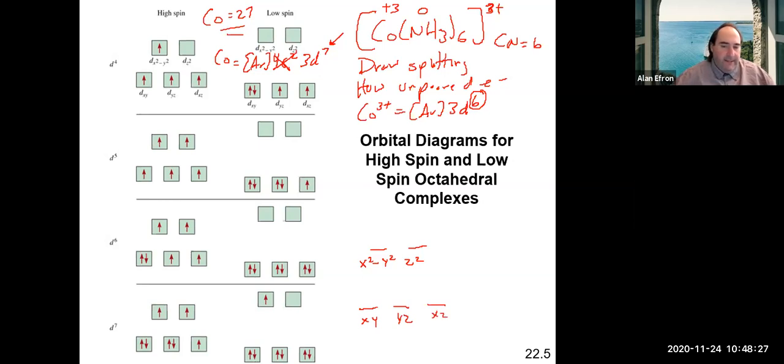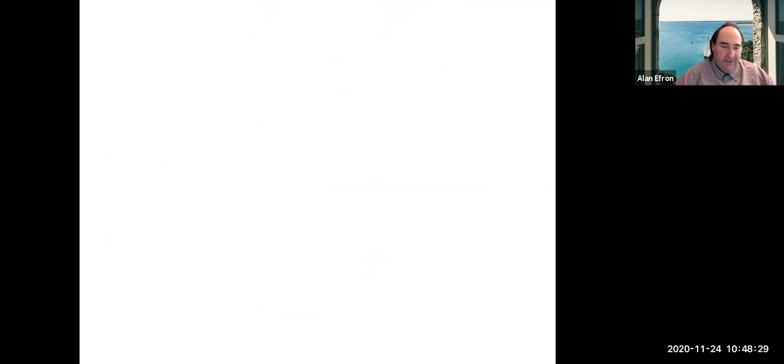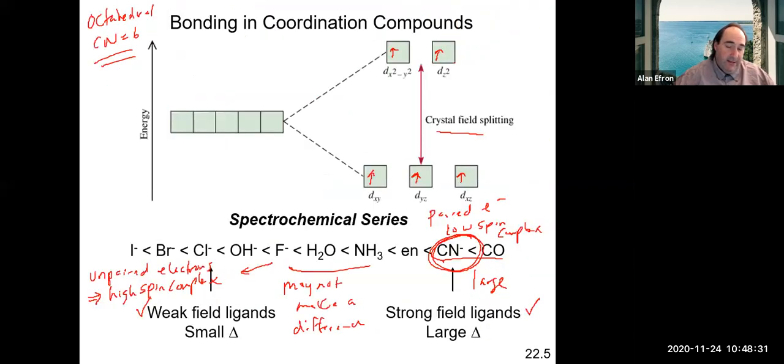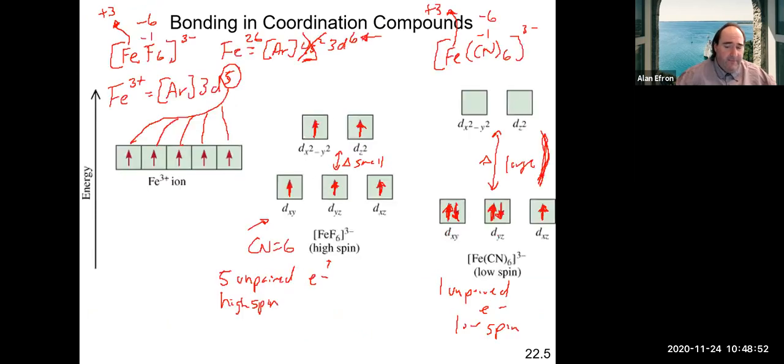So we need to decide on NH3. And again, NH3 might be one of those ones that are kind of on that bridge of is it strong or weak? And we'll go with it being strong in this case. And again, you oftentimes will have some direction as to how to do it. They may say do it as strong or do it as weak, and do it as low or high spin. So we'll go for the first one here as strong.